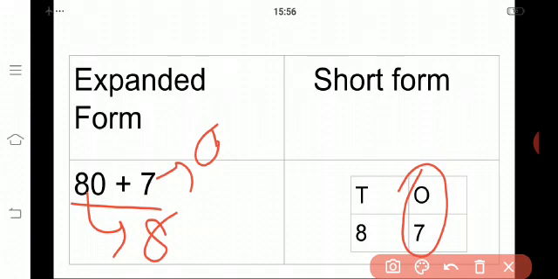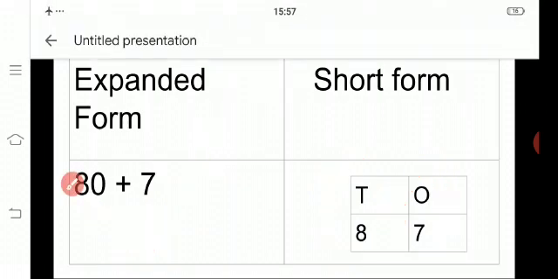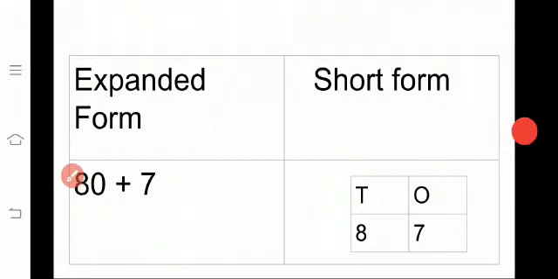Next, we have to take the number 8 below the tens column. Already I told you, we always start from the ones place. That's why we take the ones first. Then we write the 7 below the ones column. Next we take that number 8. Then we write it below the tens column. I hope you all are very clear on the previous class. Shall we move on to today's topic?